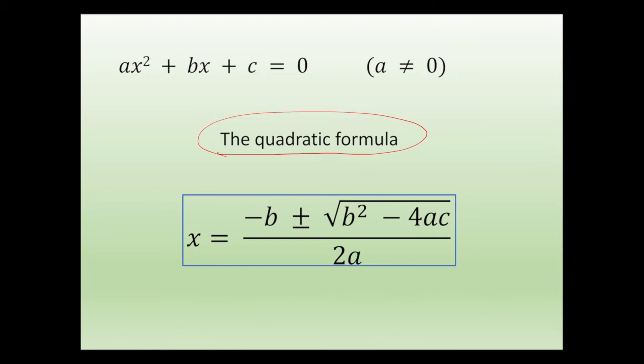Now, before I show you how to actually solve it, I want to pay a little bit more attention to this term here: square root of b squared minus 4ac. Alright, let's go to the next slide.